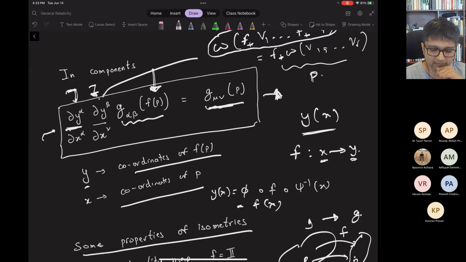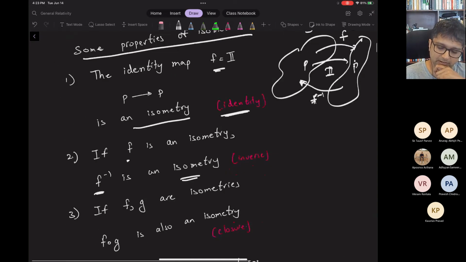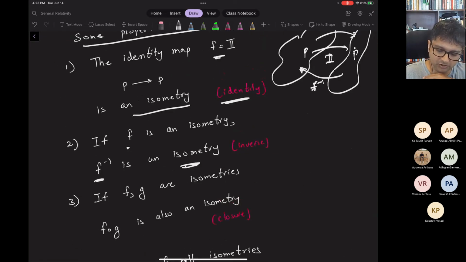And therefore, I can invert this equation and take this to the other side. Then it looks exactly like this original equation after inversion, but with p and f of p exchanged, or x and y exchanged. Equivalently, instead of talking about y as a function of x, I'm now talking about x as a function of y. So that's the inverse map. So f inverse is an isometry.